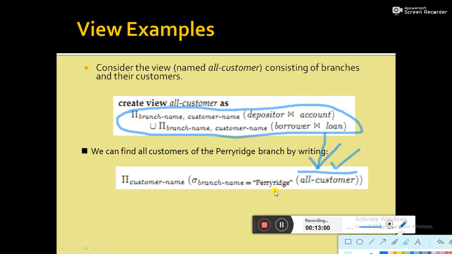It will select only those records whose branch name is Perry's, and from there it will select only customer name. Again I am repeating it. When you execute the particular query, whenever the query processor encounters a view, here the view is all customer, the query processor replaces the view all customer with the definition of the all customer view, and this is the definition of all customer.